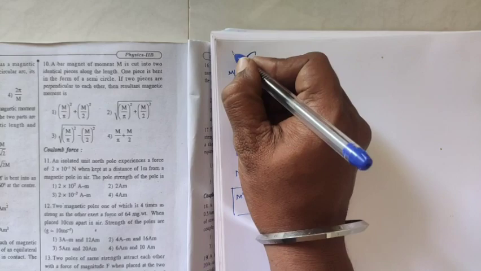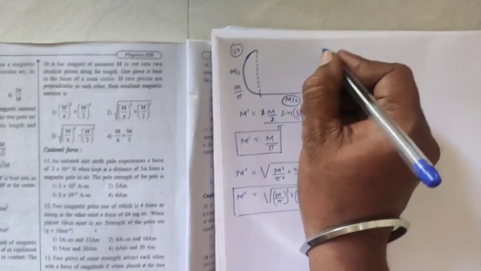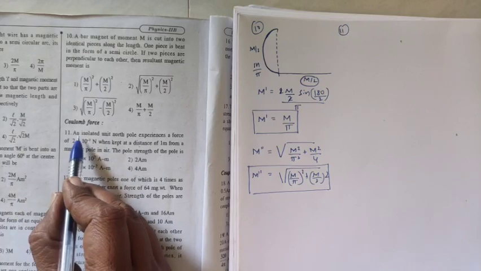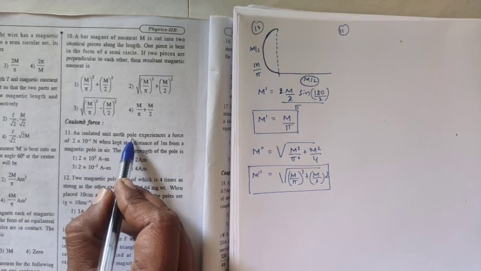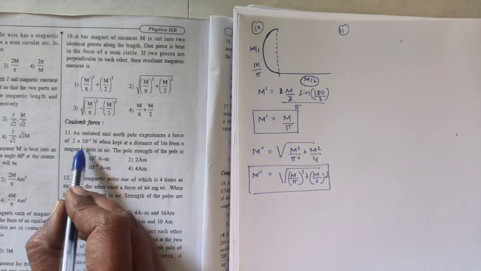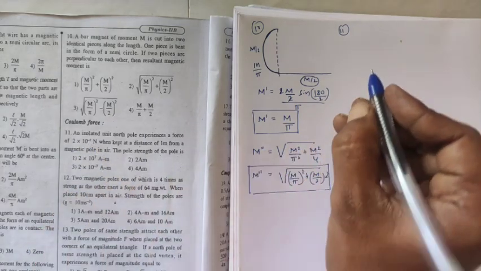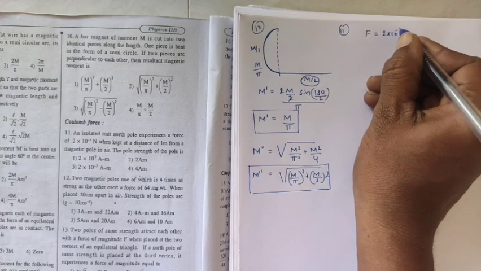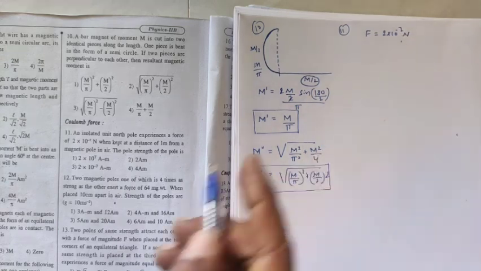Now we'll look at the next question. 11th question we will solve. Look at that 11th question. An isolated unit north pole experiences a force of 2 into 10 to the power of minus 7 Newton. Look at here, how much force it is experiencing? 2 into 10 to the power of minus 7 here.